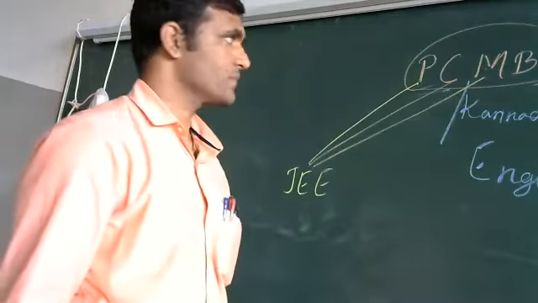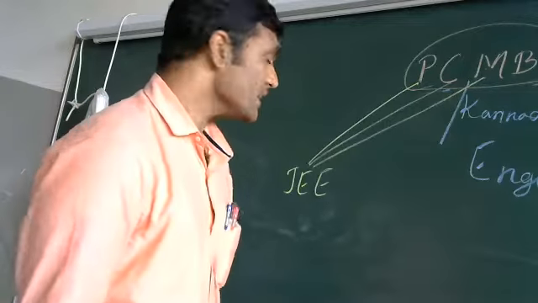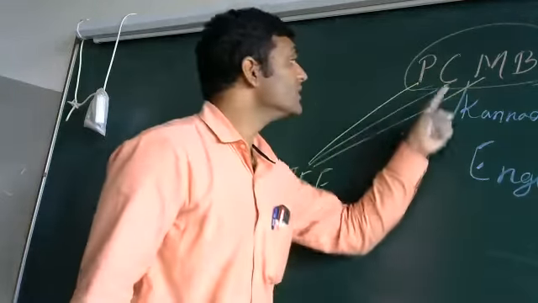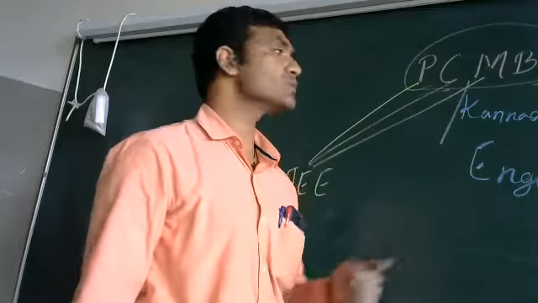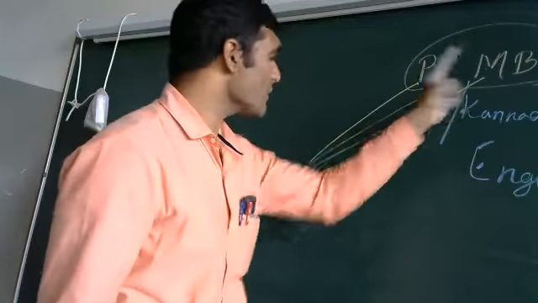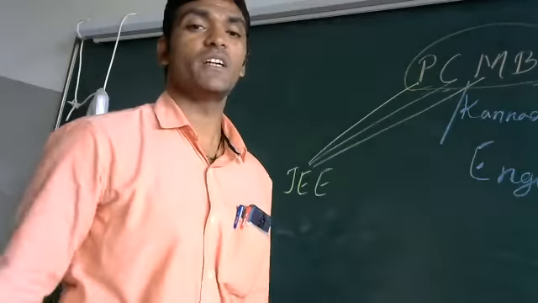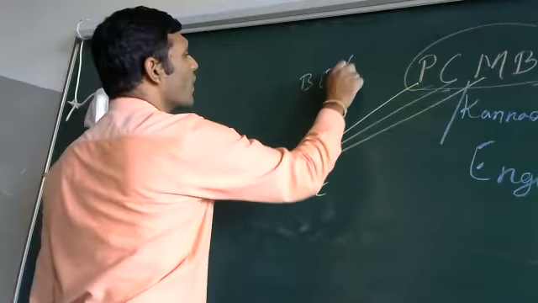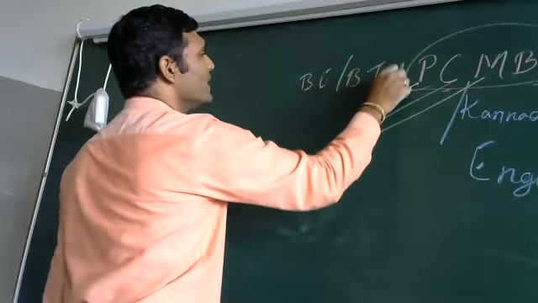The JEE exam. Right? It means in physics you must score well, in chemistry you have to score well, and in mathematics too. If you are good in maths, then we can go for JEE, which means we can go for BE or BTech.